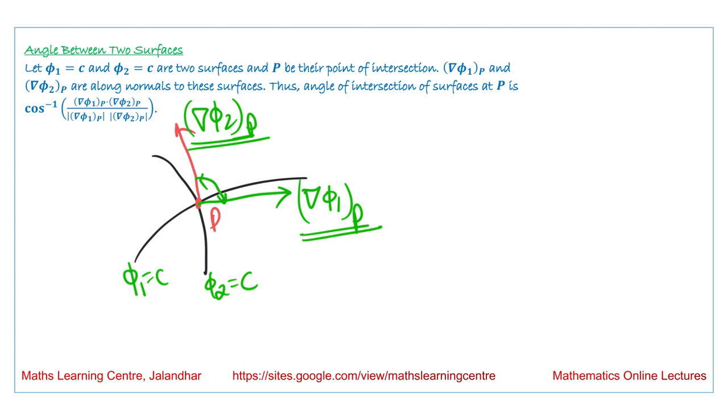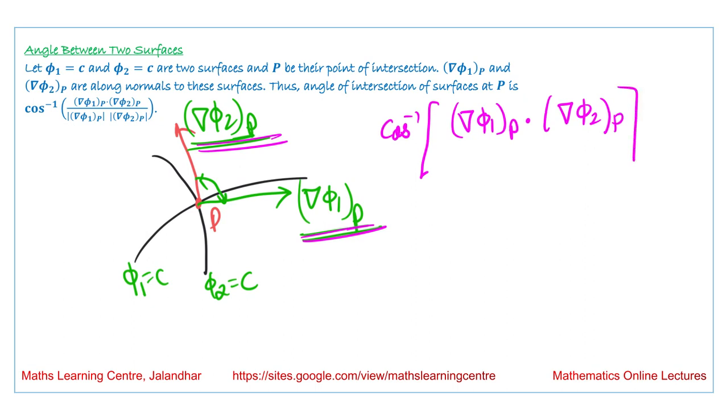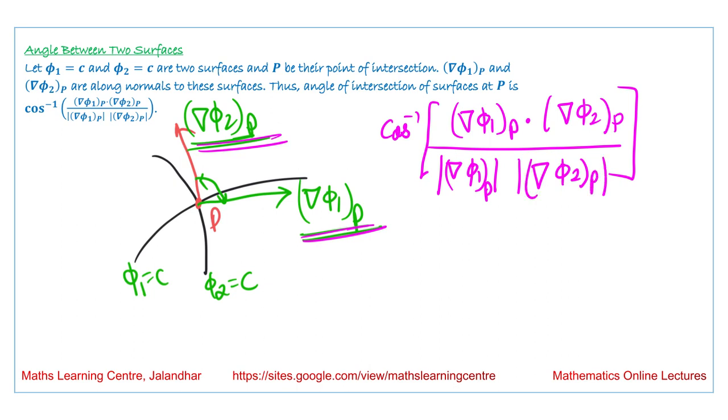To calculate the angle between them, it is equal to cos inverse of gradient of phi 1 at P dot gradient of phi 2 at P, divided by the magnitude of gradient of phi 1 at P times the magnitude of gradient of phi 2 at P. This is the angle of intersection of the two surfaces at the point P.